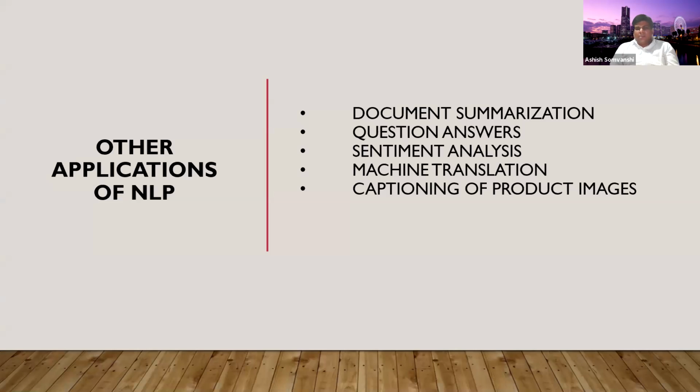Another thing that has come in is question and answer, what in common language is called natural language queries. These are typically used in virtual assistants, which are everywhere, right from your mobiles to your speakers to cars.